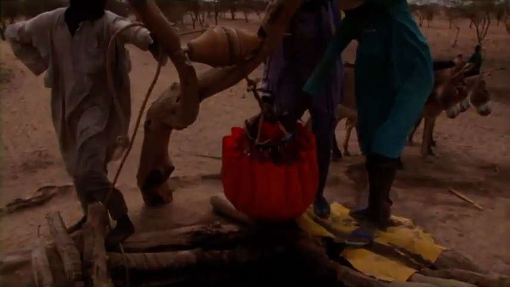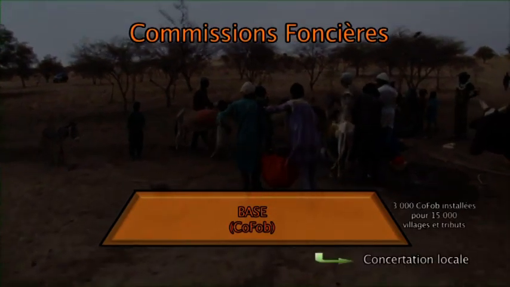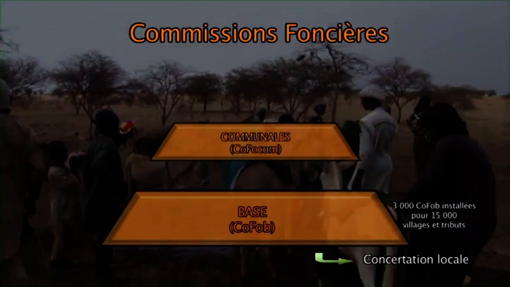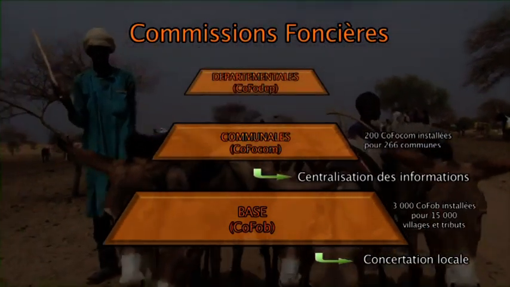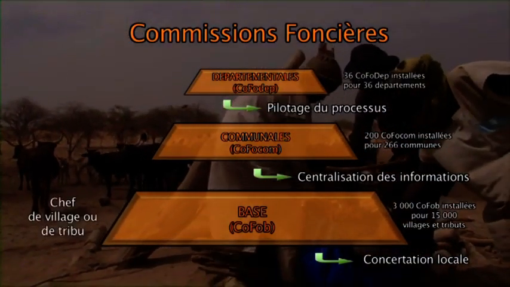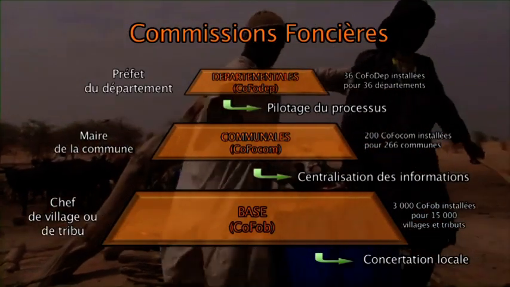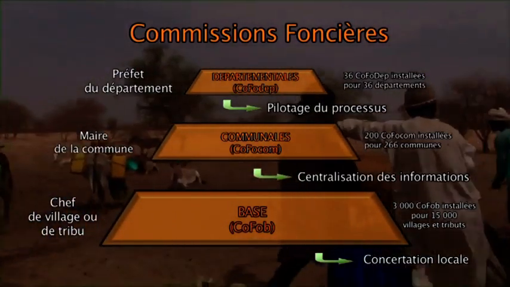Thus far, they have put into place several thousand basic COFO in charge of organizing consultations in the villages. In addition, a few hundred district COFO gather the land information, and around 10 department COFO direct the process. The village chiefs, the mayors, and the prefects preside over these collegial commissions, which are supposed to represent all the participants in the rural environment.